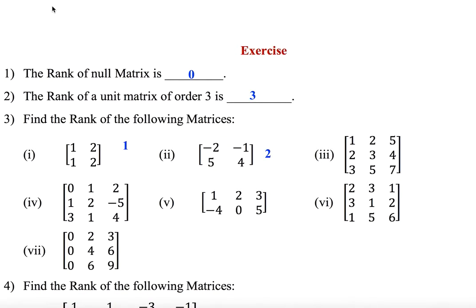Let's find the determinant first. 1 into 21 minus 20, minus 2 into 14 minus 12, and plus 5 into 10 minus 9.